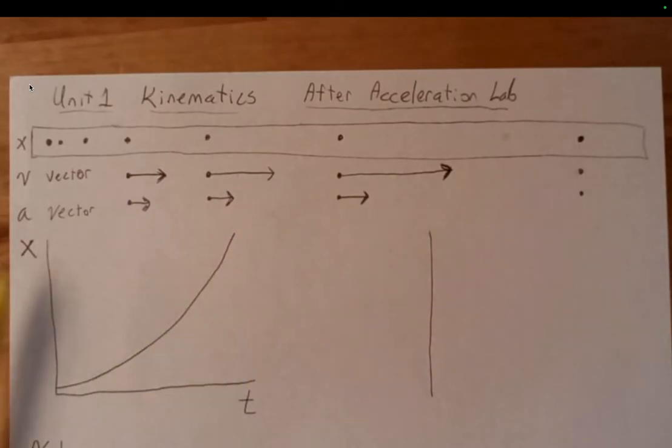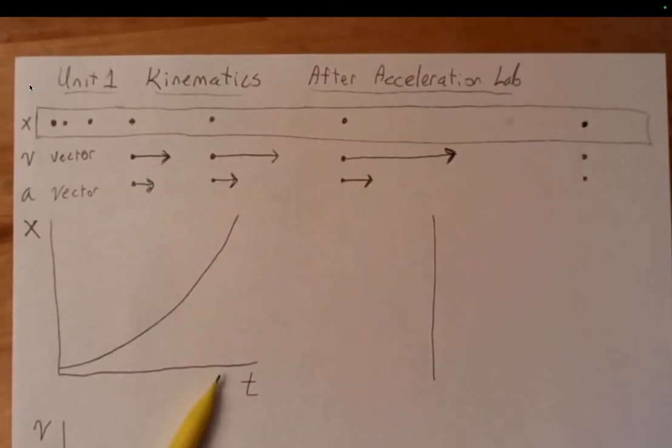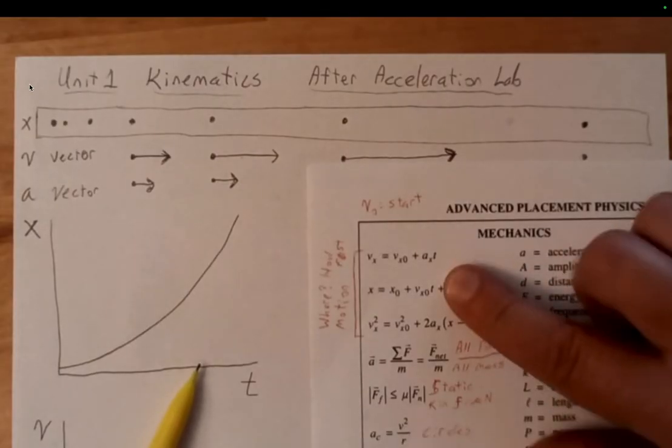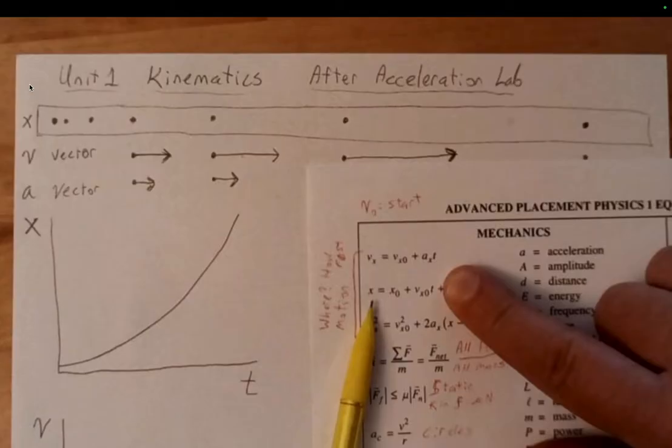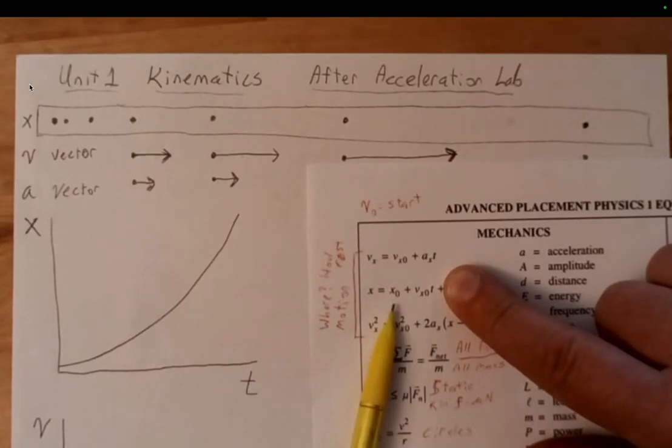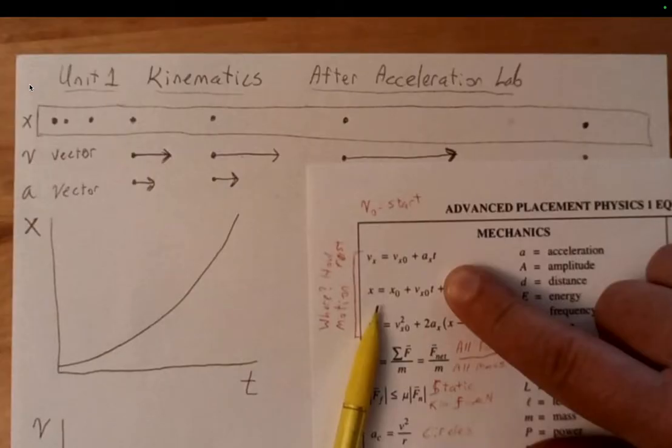So as we get to a position versus time graph, I know that in our car lab last week when we had this position versus time, we were able to derive this equation, x equals v naught times t plus x naught, and we were able to do that with that y equals mx plus b last week.